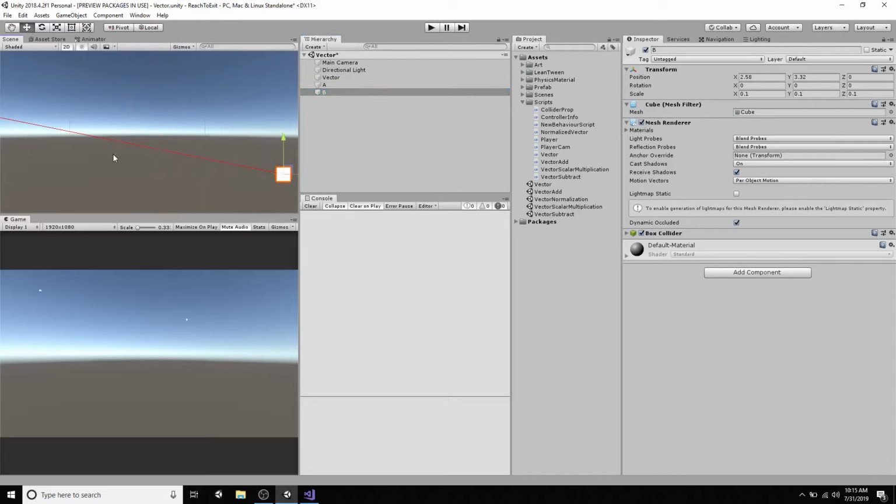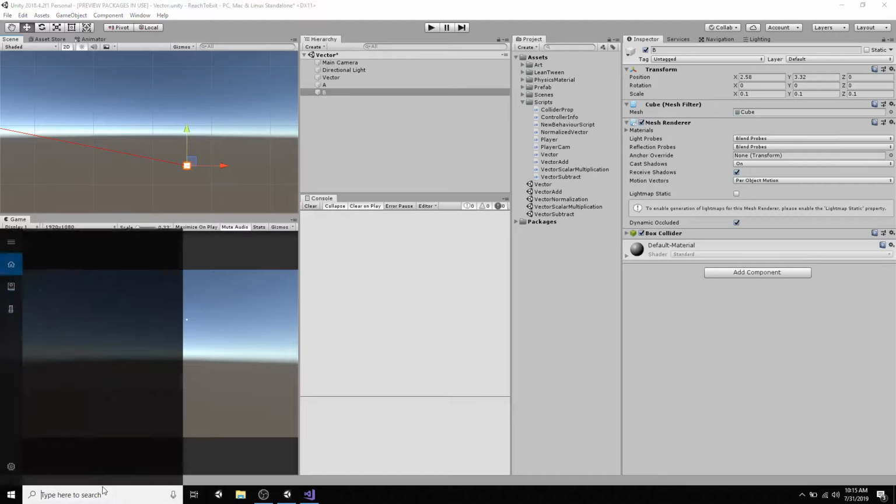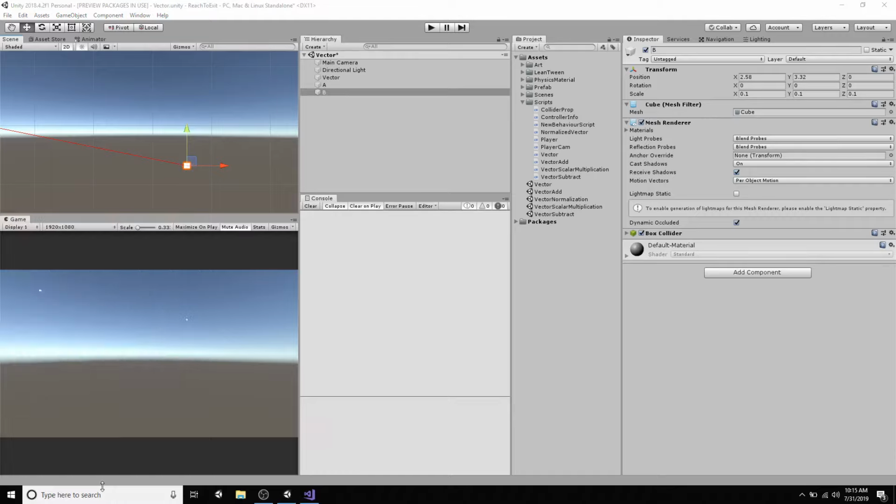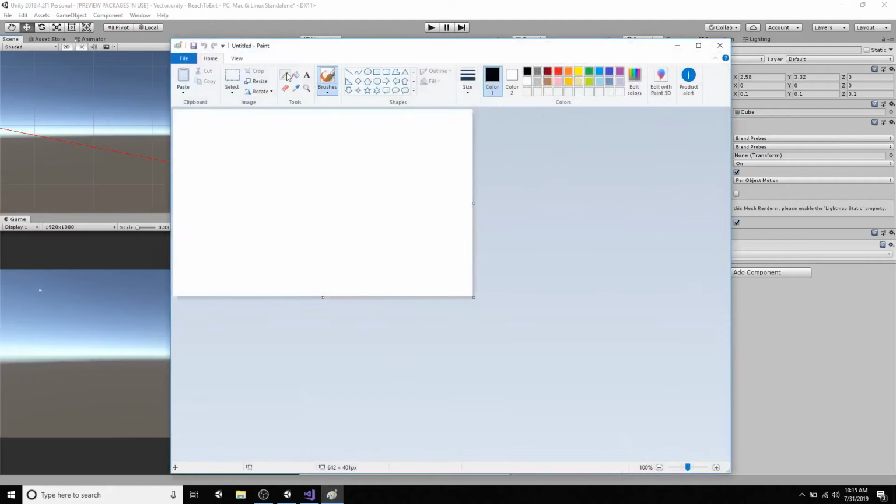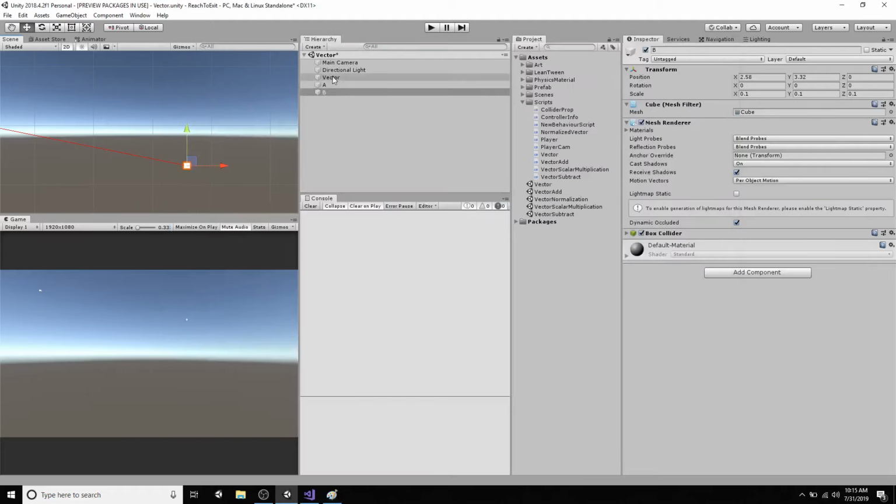Let me show you in a paint program. You can draw a line like this, and if you put the arrow, this is called the head and this is called the tail. In our case, the tail is represented as the A game object and the head is represented as the B game object.